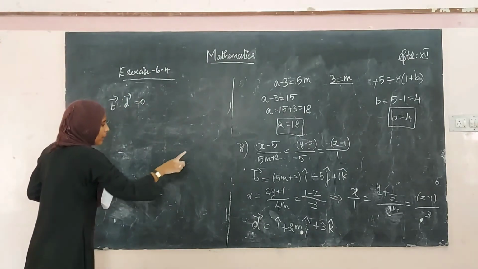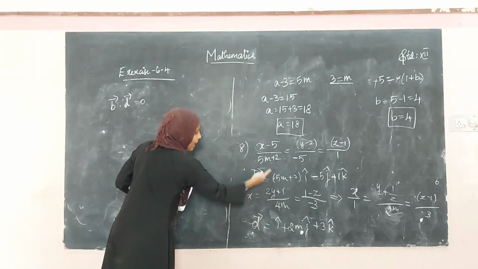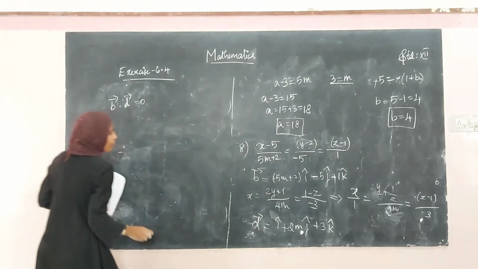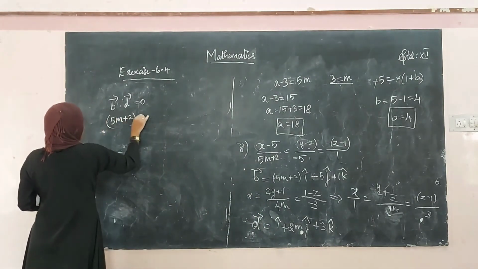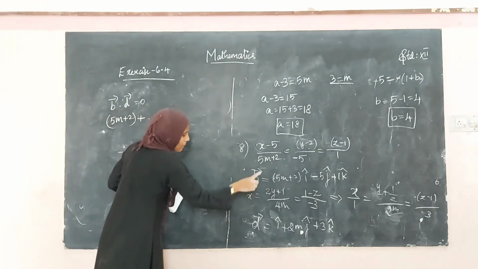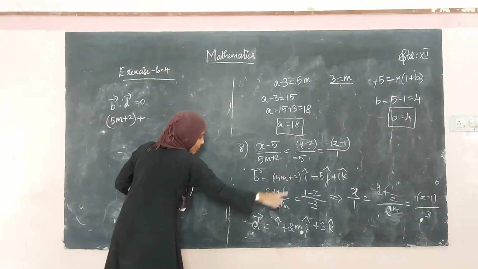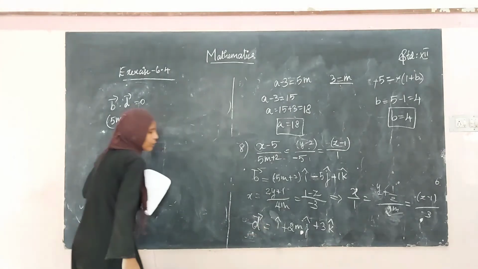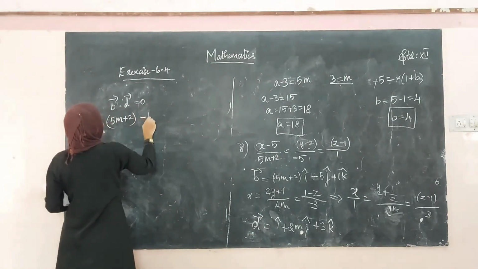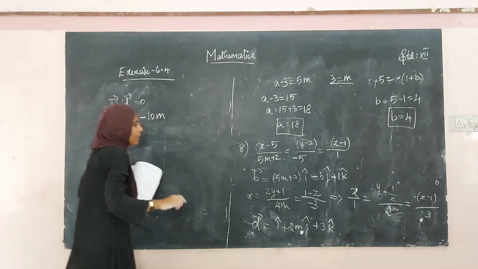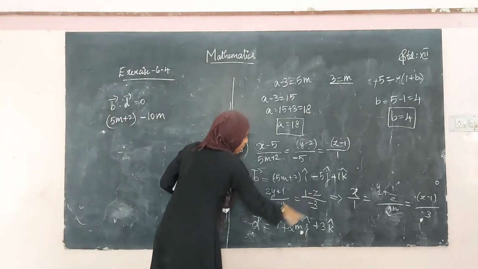Okay, so b vector dot d vector: multiply the i coefficients, so it will be 5m plus 2, plus multiply the j coefficients. Here it is minus 5, here it is plus 2m, so it will be minus 10m. Multiply the k coefficients, it is 1 and here it is 3.